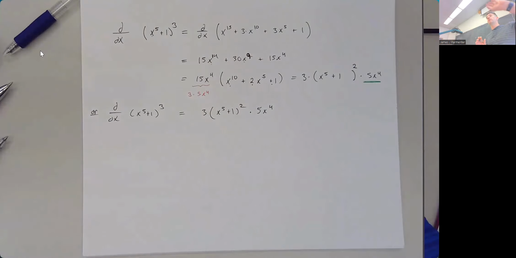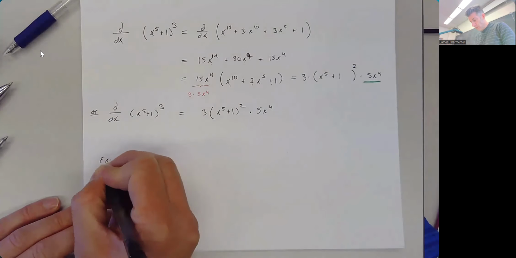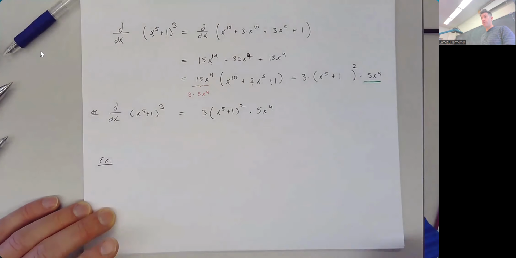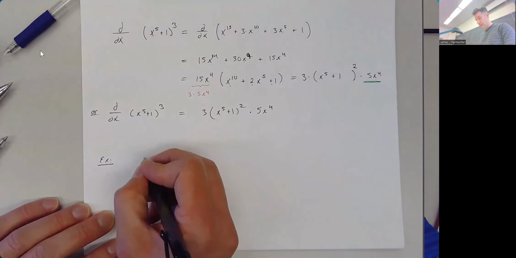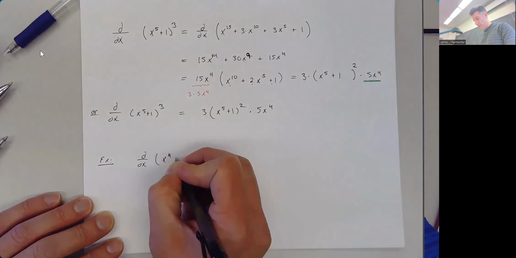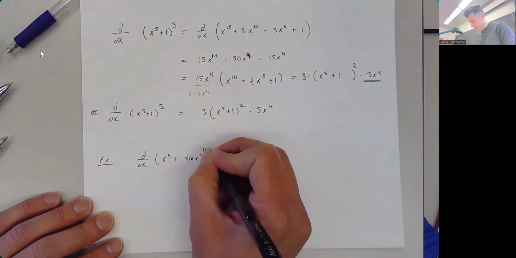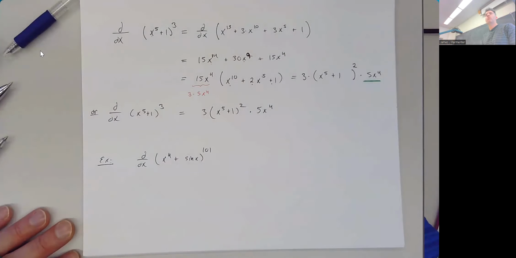Let me show you another example. One that is hard, that we could not multiply out. So if I said I want to find the derivative of x to the 4th plus sine of x to the 101st power. We're not multiplying that, but we don't need to, because we all know that the derivative of x to the 101st power is going to be 101 times x to the 100th power.